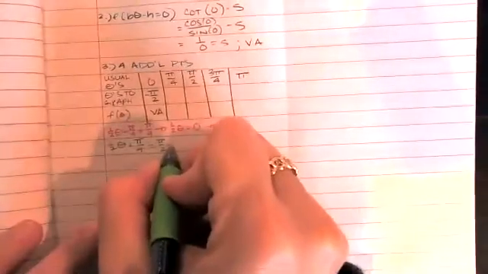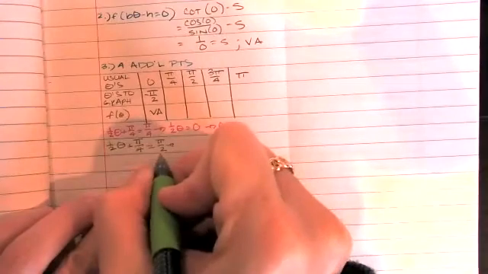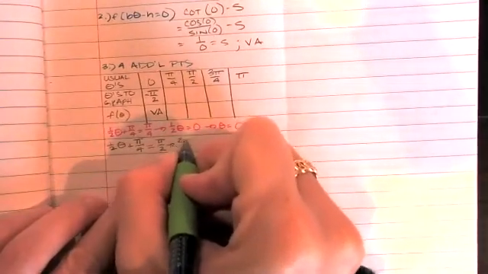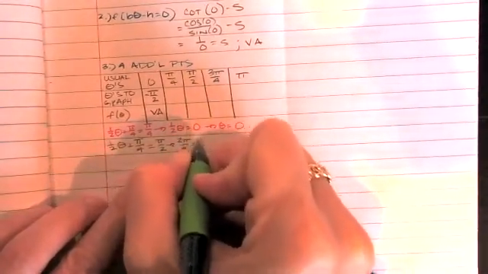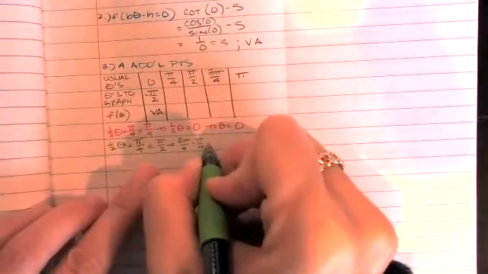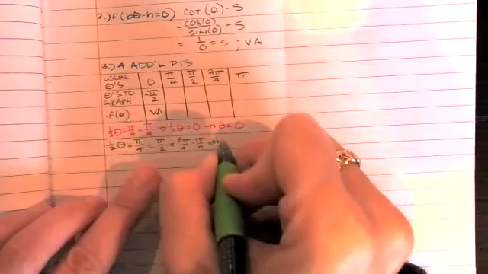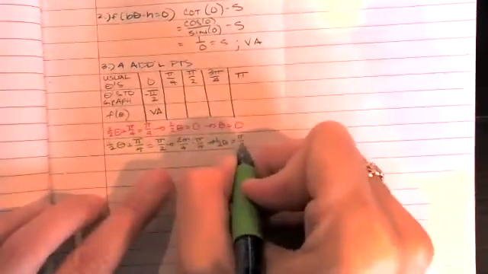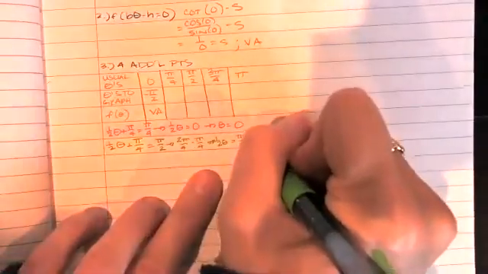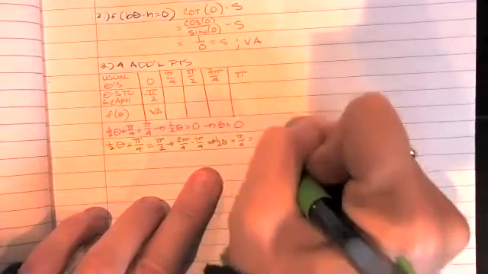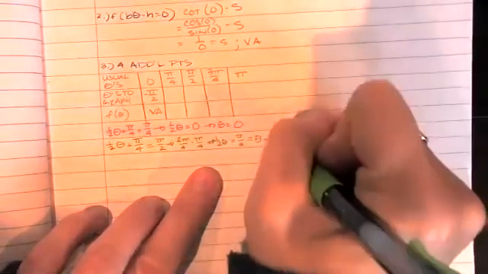And here we'll need to get common denominators. So that gets us 2 pi over 4 minus pi over 4. And so we'll have 1/2 theta equals pi over 4. And so when we multiply by 2, we'll have theta equals pi over 2.